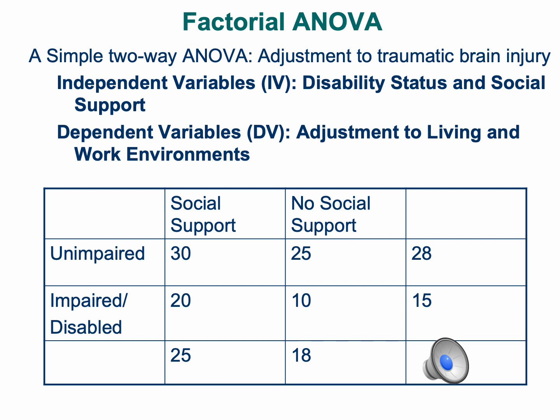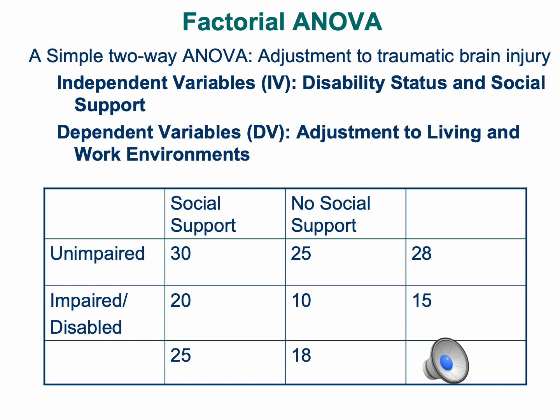Then if you look at social support, patients with social support tend to have a score of 25, at the bottom of the column on the left, and those without social support on average have a score of 18. Now, as you look within the cells, you can notice that there's change there.